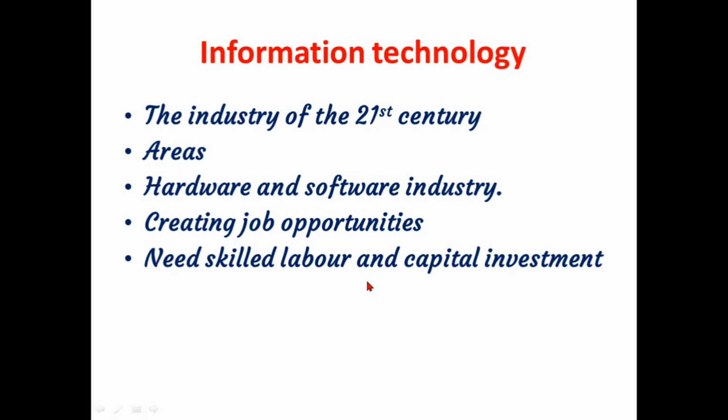Software means preparing programs that enable computers to operate and allow information and data to be processed, analyzed and interpreted. Hardware means the computer, and software means its programs. With the help of hardware and software, the information technology industries are developing.